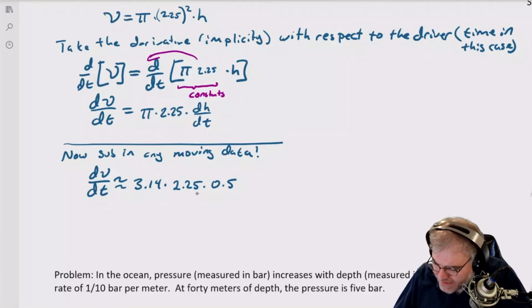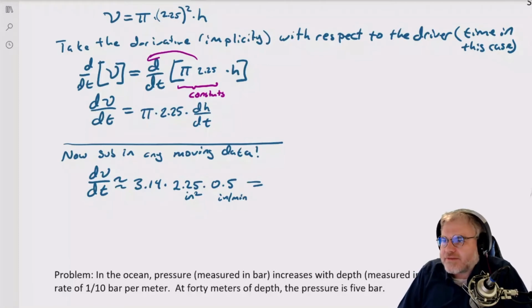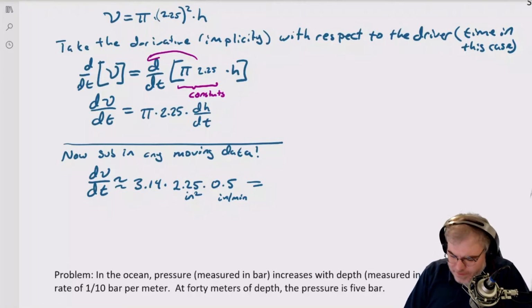Now the units on here, this was a squared, so this is inches squared. And this right here is inches per minute. So when I get my answer, it should come out to be the correct. Okay. So I'm going to wind up with 3.14 times 2.25 times 0.5.